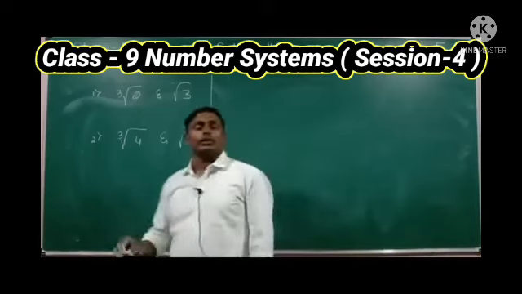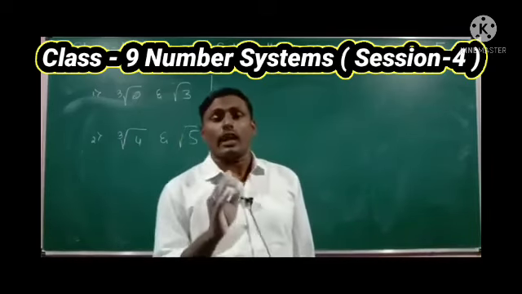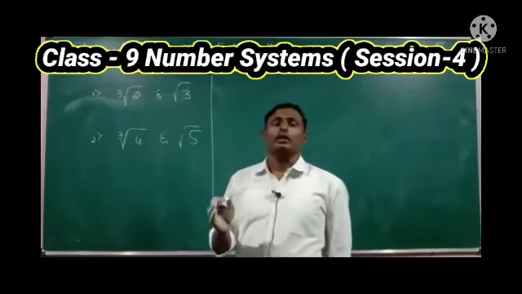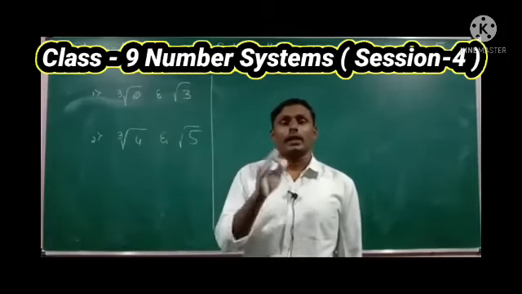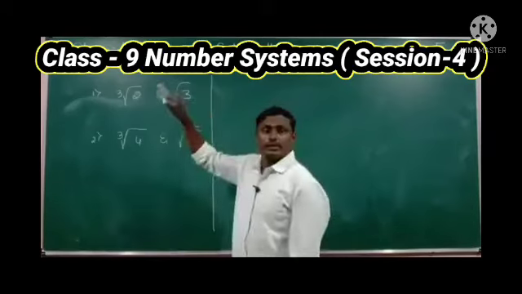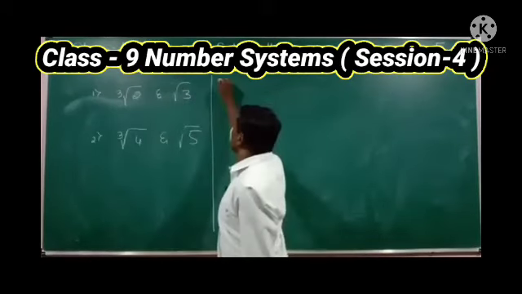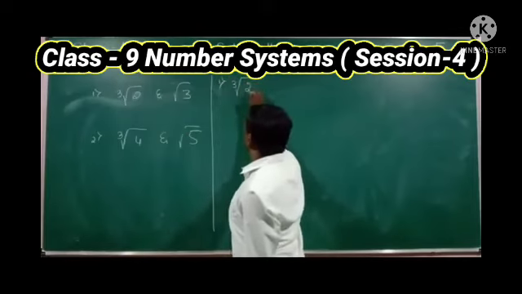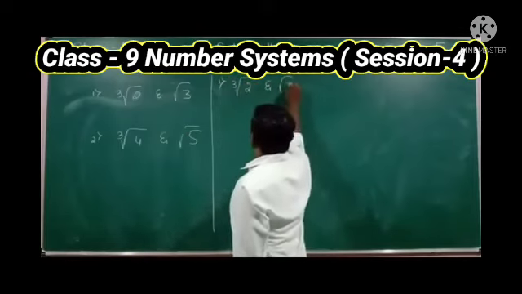Once we convert their powers into like fractions, only after that will we compare whether the given number is greater or smaller. Let's see how you can solve this one. First one, cube root of 2 and root 3.